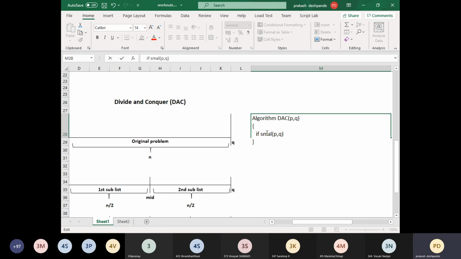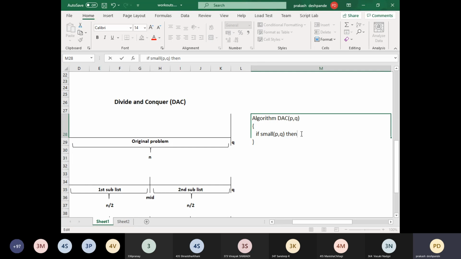Okay, try to understand here. If small(P, Q), that means whatever problem I have received, which is between P and Q, is this problem small? If yes, then I know that I have a solution for that.